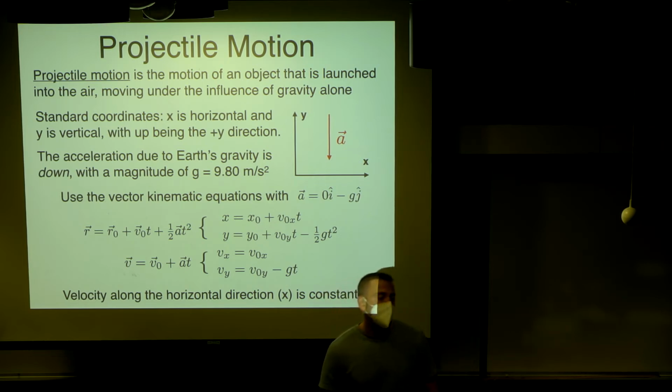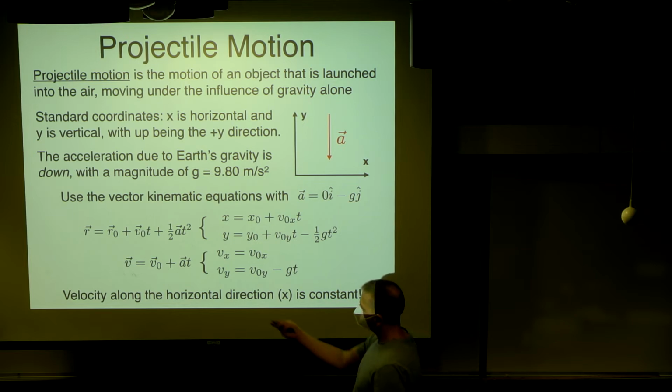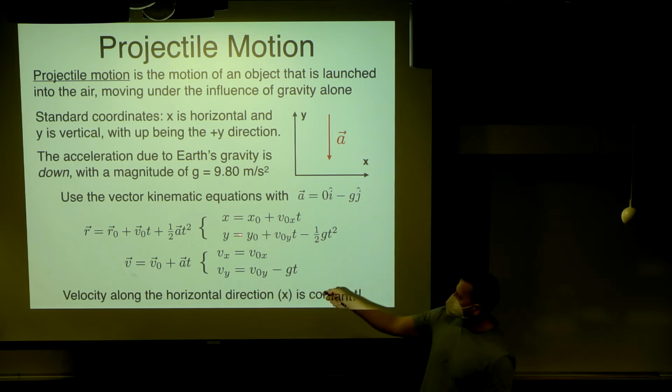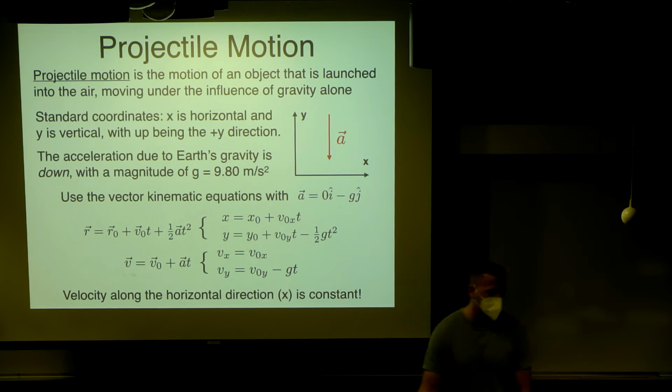I just want to remind you that whenever we have this type of situation, we're always free to break it up into components. So I have a separate x and y equation for position and also for velocity. So yeah, probably doesn't make sense to read these out for you because you've seen these before, so let's go to the example.